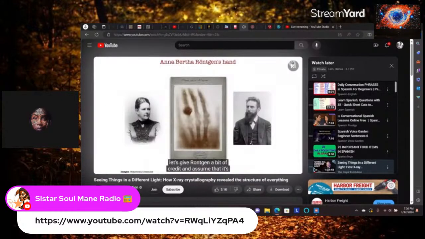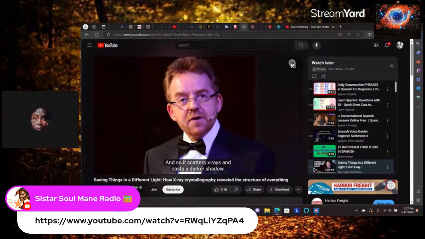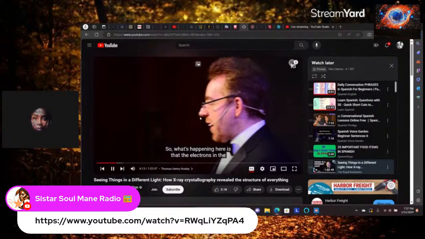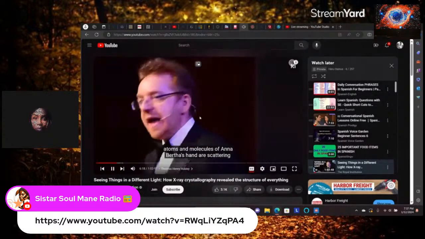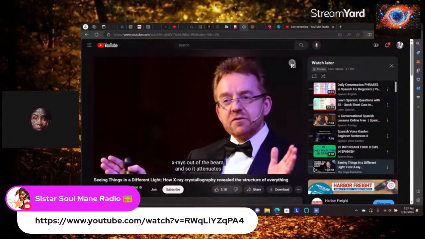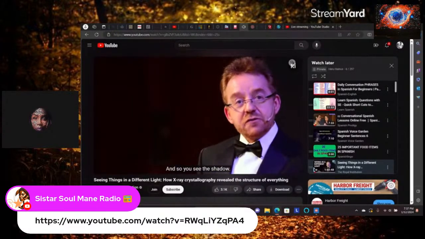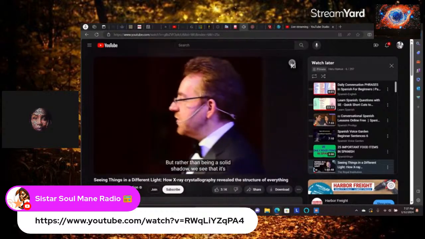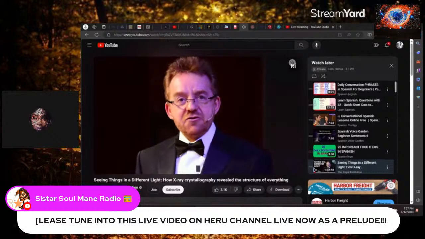And the ring, let's give Röntgen a bit of credit and assume that it's gold, which with an atomic number of 79 is very electron dense, and so it scatters X-rays and casts a darker shadow. So what's happening here is that the electrons in the atoms and molecules of Anna Bertha's hand are scattering X-rays out of the beam, and so it attenuates the transmitted beam, and so you see the shadow. But rather than being a solid shadow, we see that it's semi-transparent because the X-rays are very penetrating.